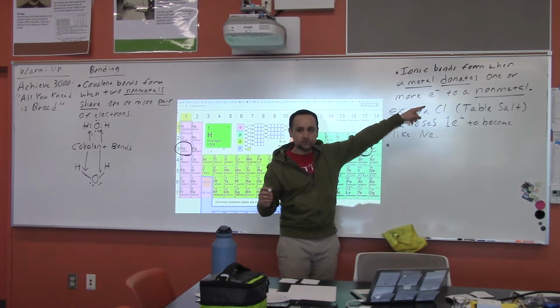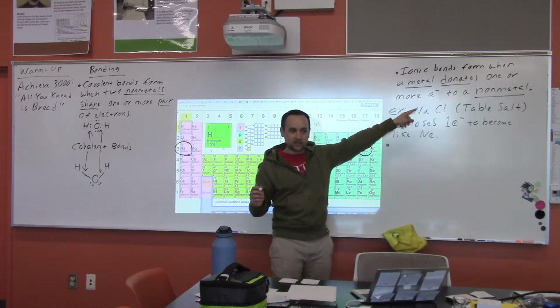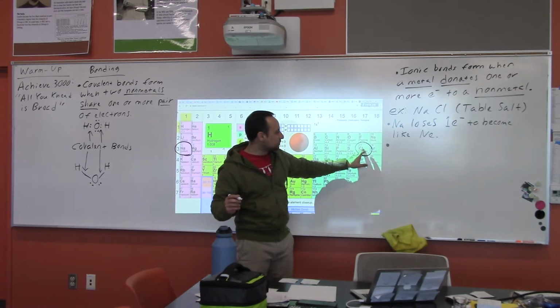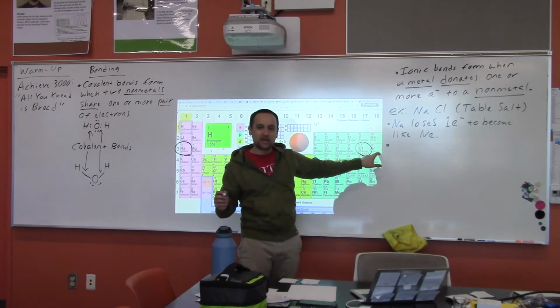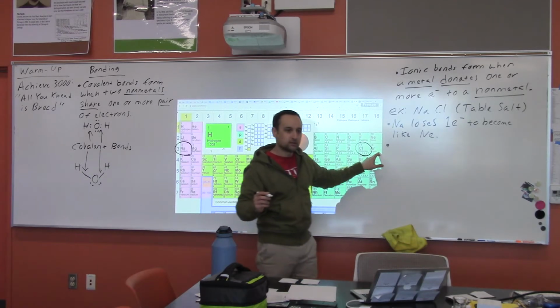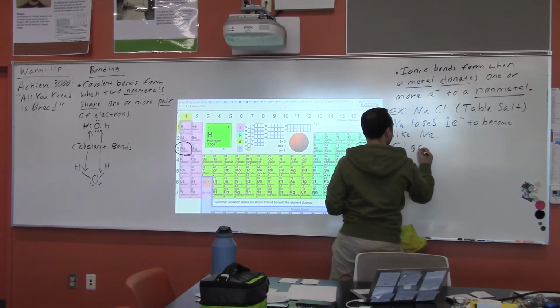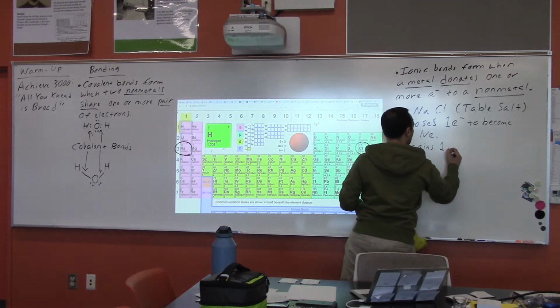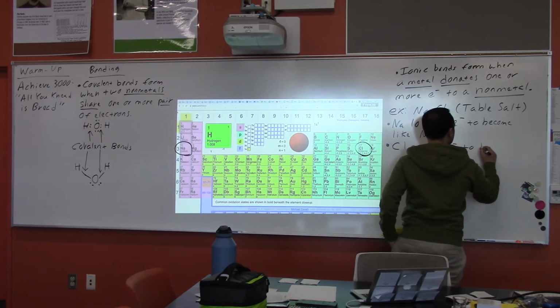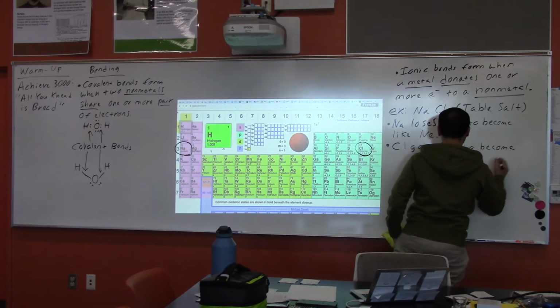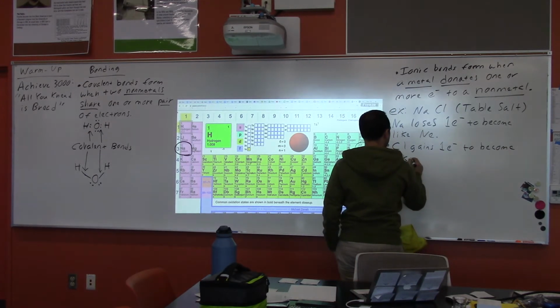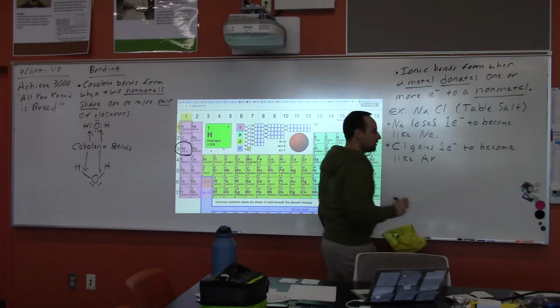What does the nonmetal do? Gains an electron, okay? So if chlorine gains an electron, who does it become like? Argon, okay? So sodium loses an electron, chlorine gains one electron to become like argon, okay?